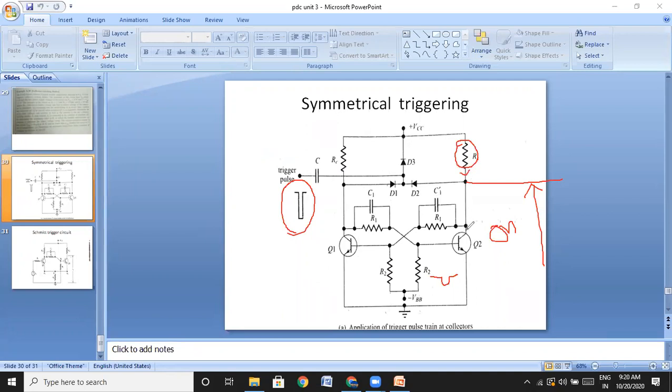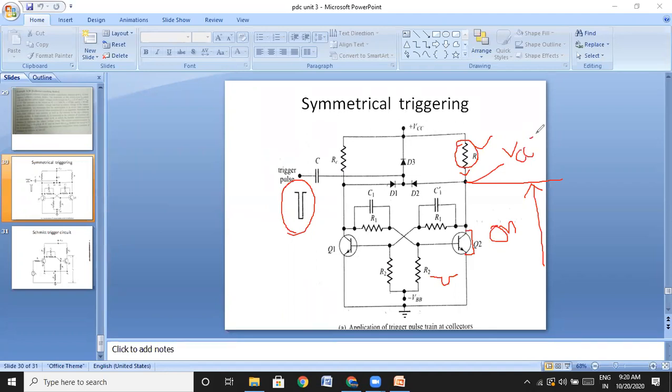Because the transistor is on, collector and emitter are short circuited, and due to the high current, more of VCC will drop across this resistance.